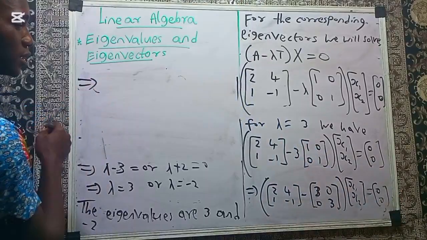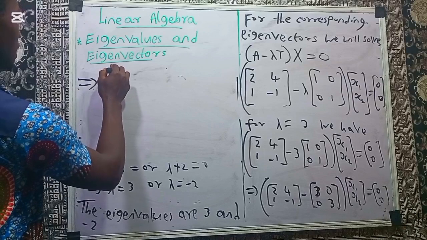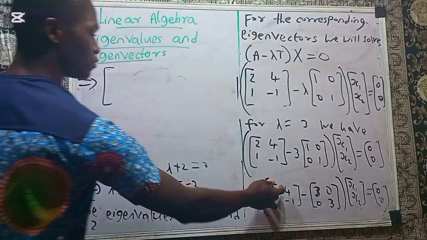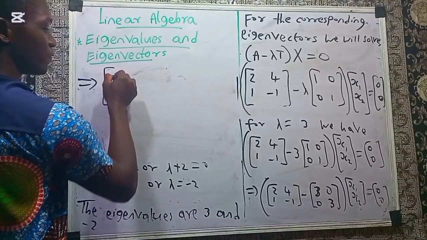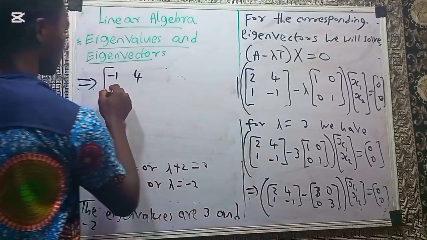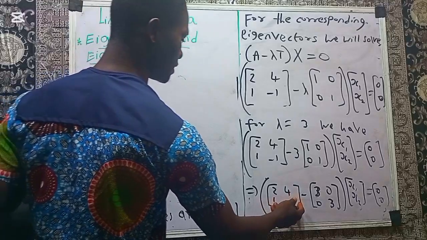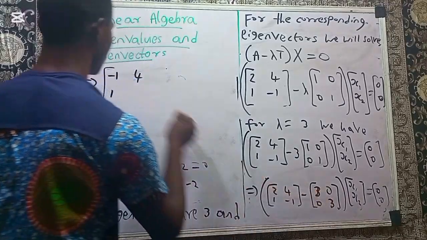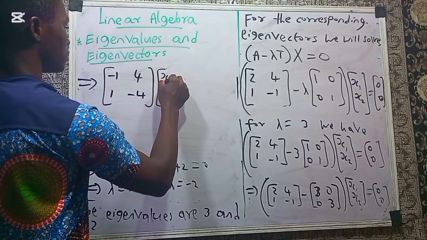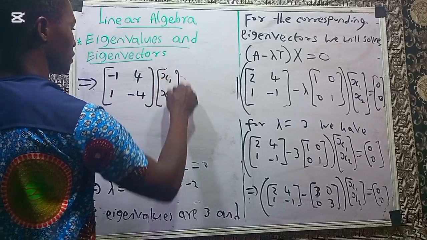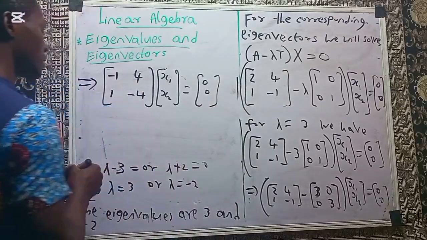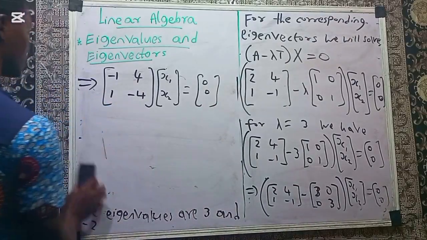So this simply implies we can subtract the two matrices. 2 minus 3 is negative 1, and 4 minus 0 is 4. 1 minus 0 is 1, and negative 1 minus 3 is negative 4. Multiplying the column vector, equated to the 0 matrix. So this is what we got.